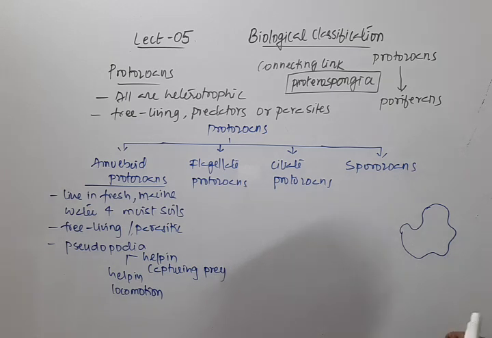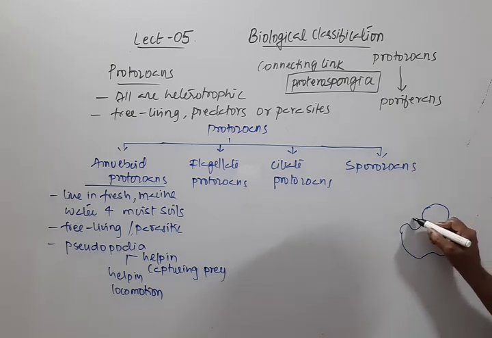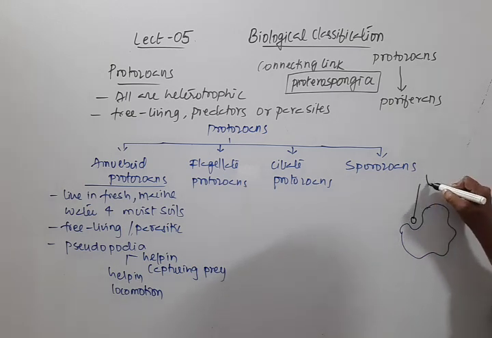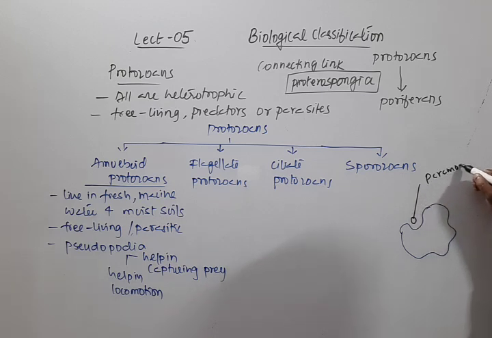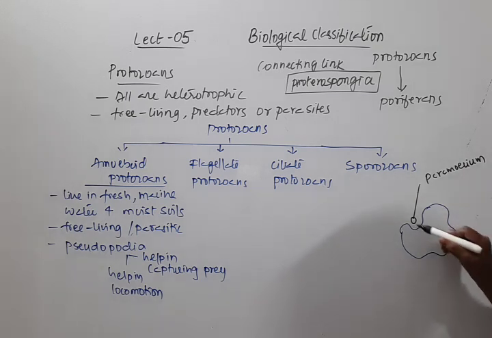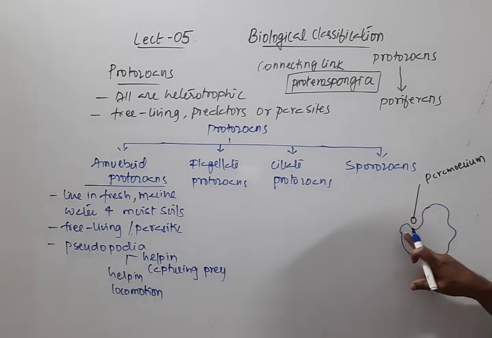in contact with a prey, like for example paramecium. So here it feeds on paramecium, say suppose. While eating on paramecium, when it comes in contact with its prey, it starts extending its pseudopodia.